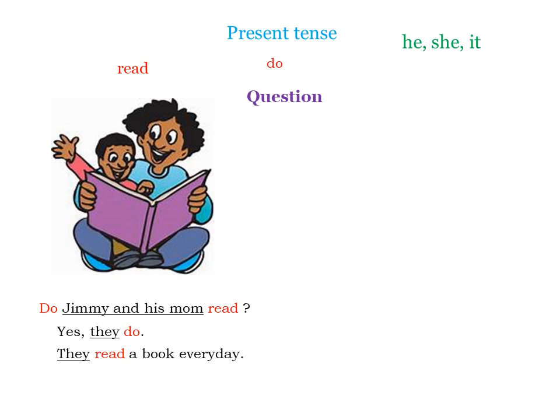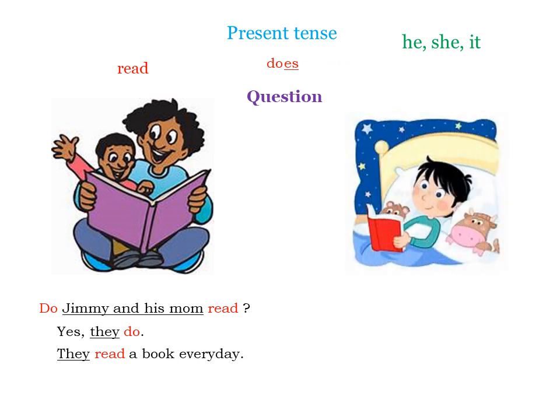Now for third person, he, she, and it, for a question, we use the verb do and add es. Does. Does Billy read? Now the S is on does, and there's no S on read because it's a question.